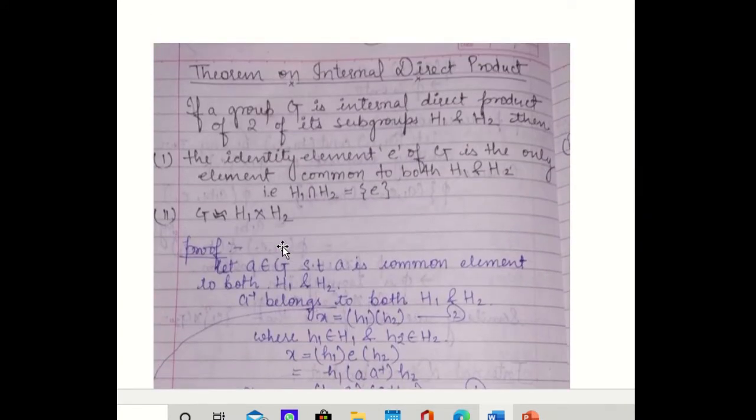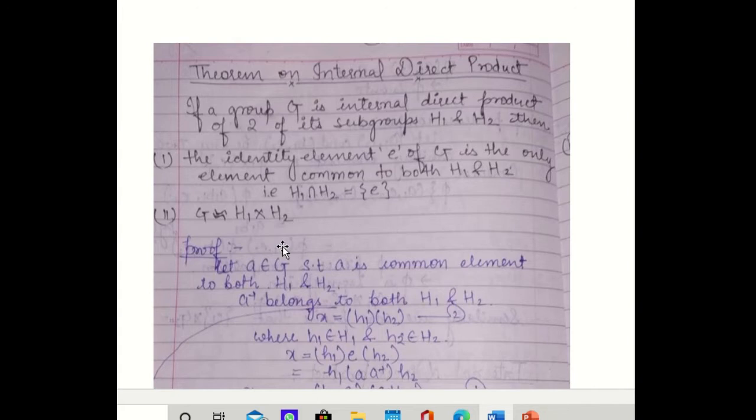The basic difference between the external direct product and the internal direct product is that in an external direct product, we take some small groups, G1, G2, G3, and so on up to Gn, and by them we can form a larger group G, depending upon the elements of G1, G2.